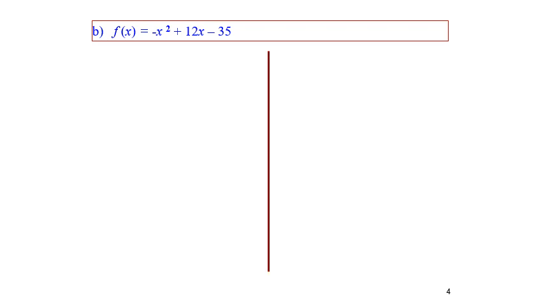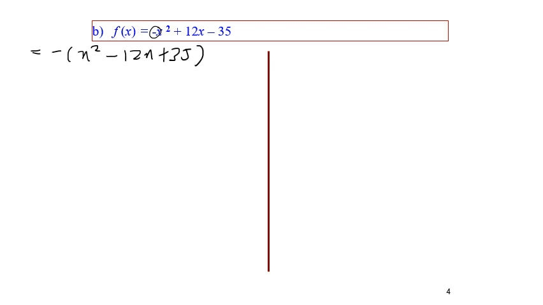Next, example B. So in this example, x squared is negative. So the first step, we need to factorize the negative. So inside would be negative x squared minus 12x plus 35.